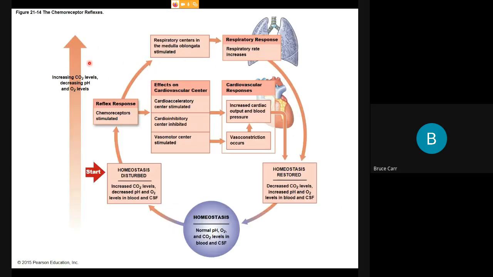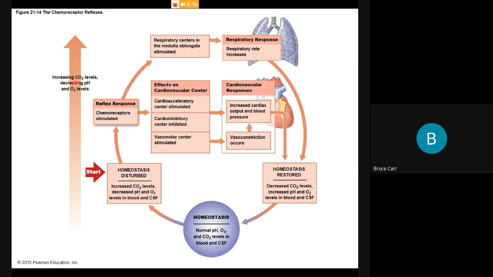Chemoreceptor reflexes have an interesting combination here, and I want you to look where the pointer is right now, because these three things occur together. Oxygen and CO2 are always related. Oxygen low, CO2 high occurs under a number of circumstances. However, CO2 is linked to pH.